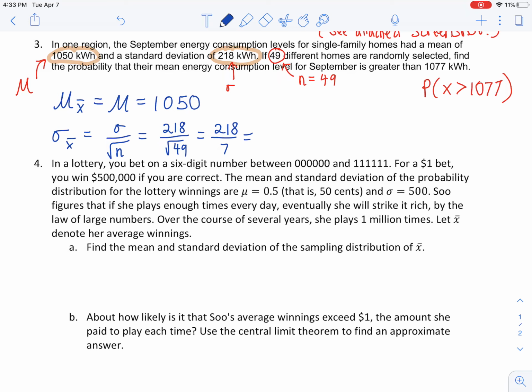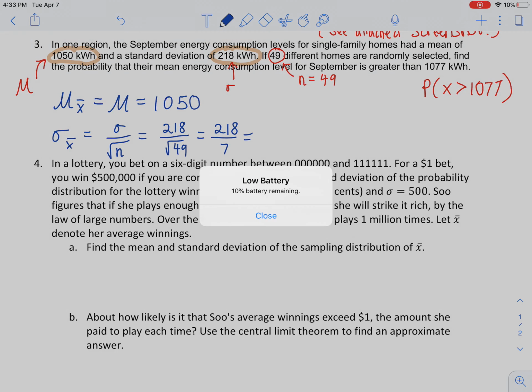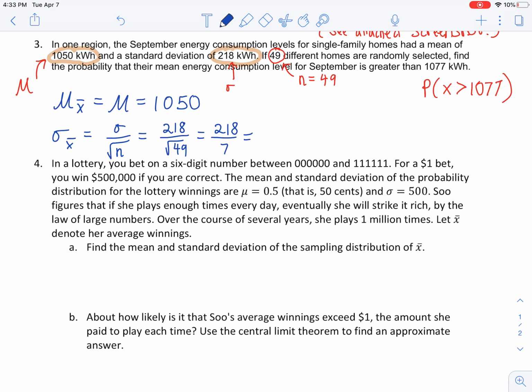Let me type this in my calculator. 218 divided by 7 is... It's not the nicest number, but I'll use it. I'm going to go ahead and just round this. You know, it's so risky to round the answer in the middle of a problem, don't you think? Because you know how sensitive your MyMathLab is.